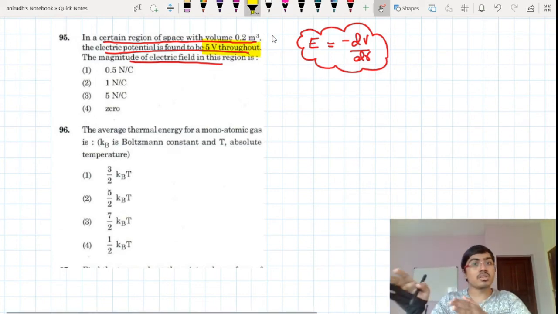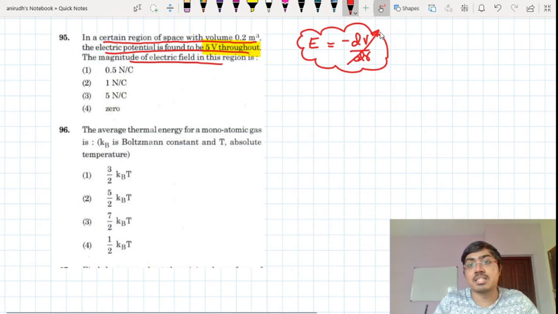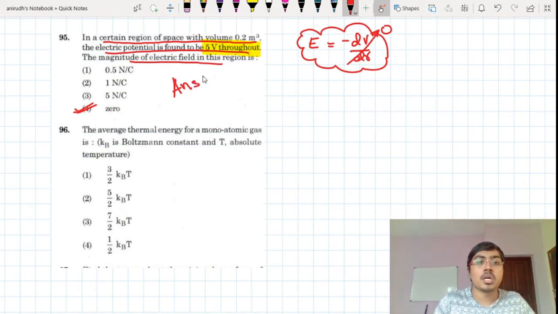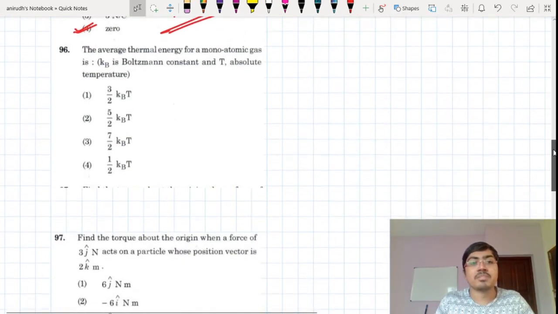If the potential is not changing from one point to another, how can you expect an electric field to be there? So this change in potential with respect to distance is 0, so electric field is also equal to 0. It requires no calculation from your side, just a basic understanding of electric field and electric potential and how they are related to each other. A conceptual question, simple question. It cannot be simpler than this, isn't it?